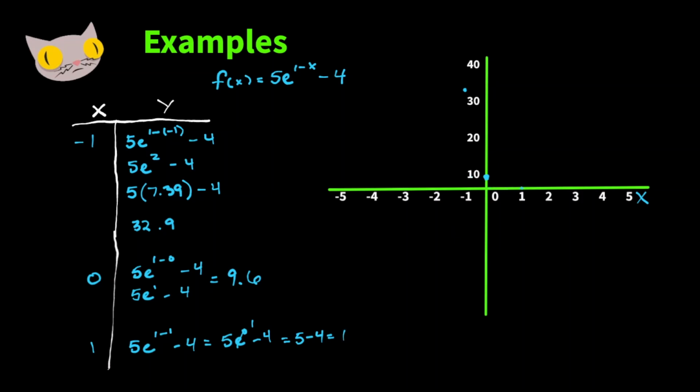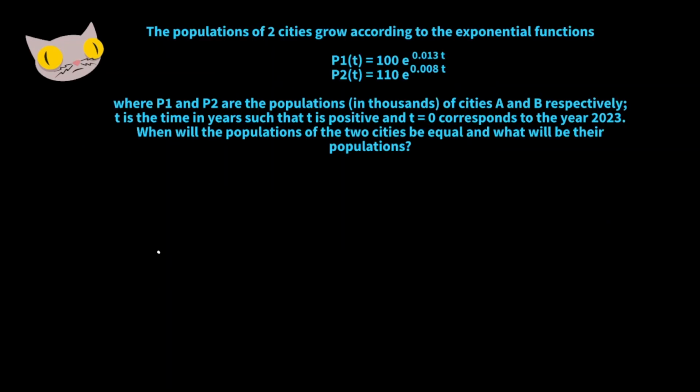So at 1, we're at 1, getting small. And we could keep filling in values, but I'll just show you what the graph looks like. It's going to be something like this. Imagine a smooth curve. Kind of rough, yeah.